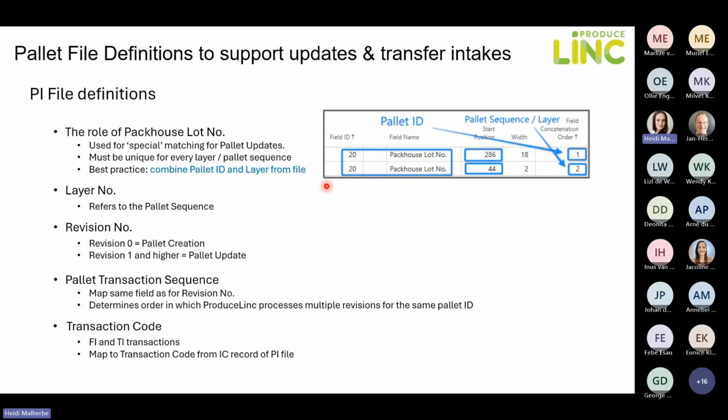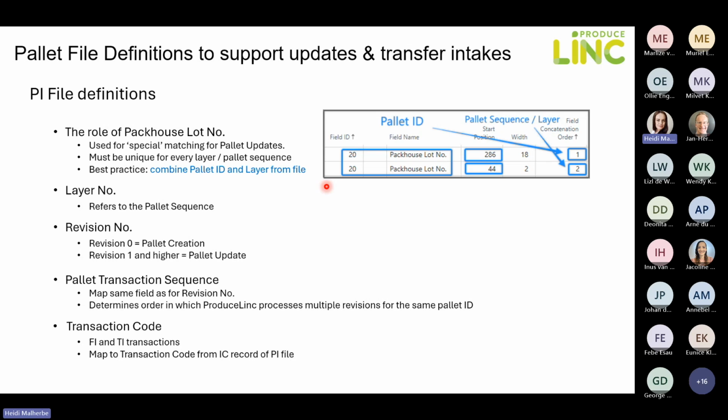But in our new major version, the packhouse lot becomes very important. It now has very specific meaning for the system. So you can still use your producer lot number to map your intake consignment number to, or the reference that the producer wants to see. But the packhouse lot number is now being used for special matching.